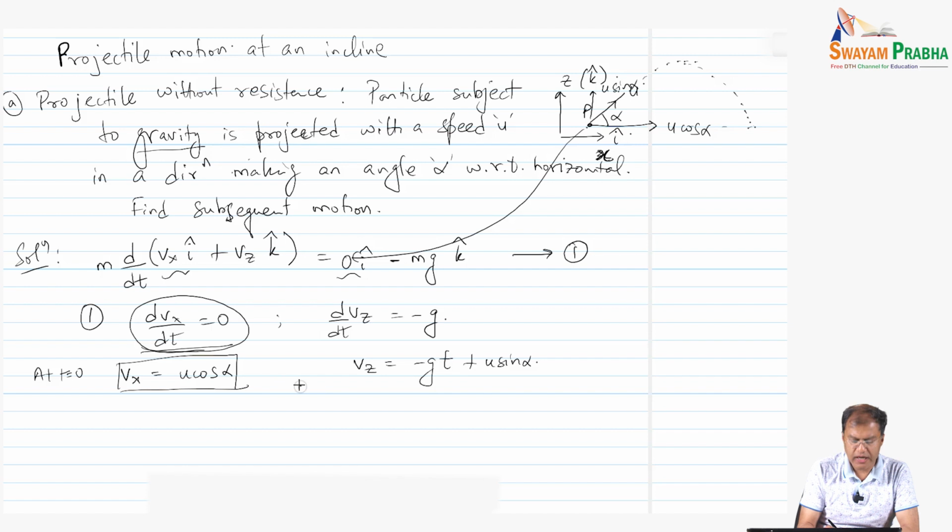So if we want to further integrate these two, we have that dx/dt is u cos alpha.